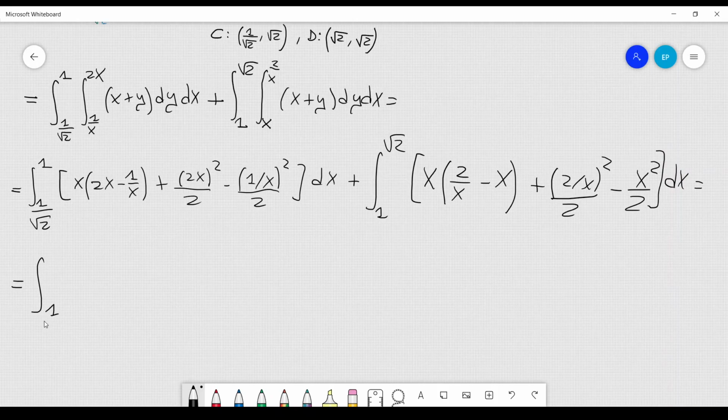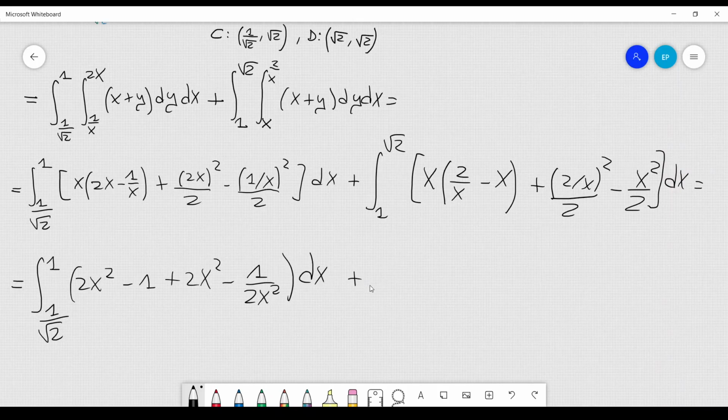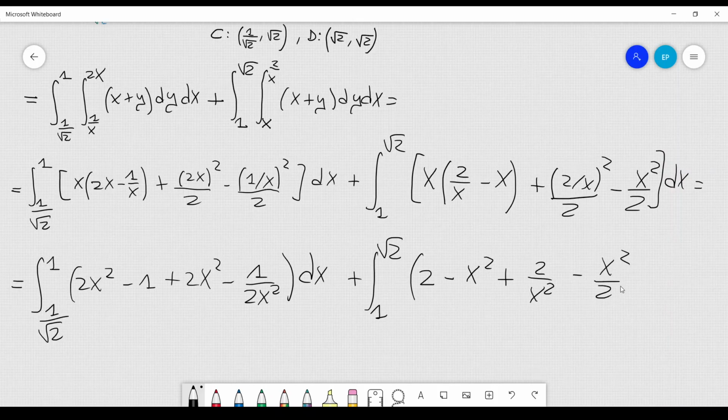I have the integral from 1 over square root of 2 to 1 of 2x squared minus 1 plus 2x squared minus 1 over 2x squared dx, plus the integral from 1 to square root of 2 of x times 2 over x, which is 2, minus x squared plus 2 over x squared minus x squared over 2 dx.